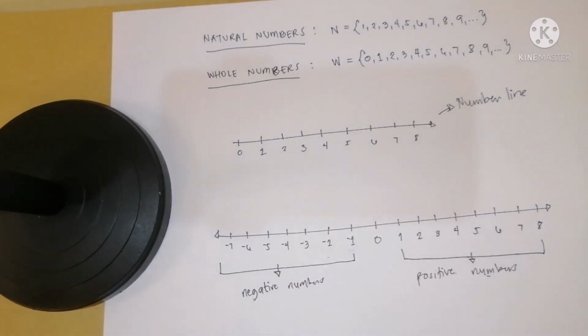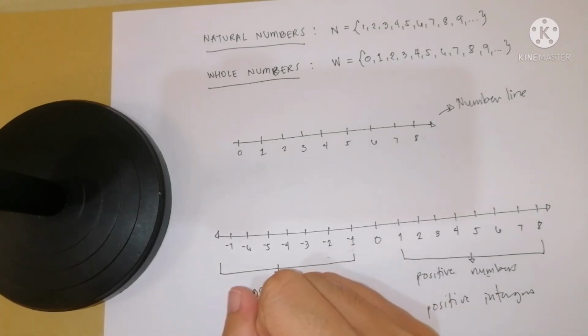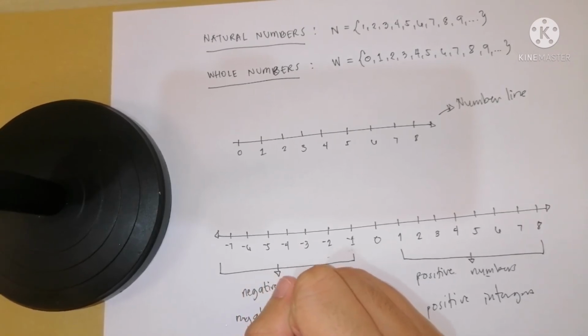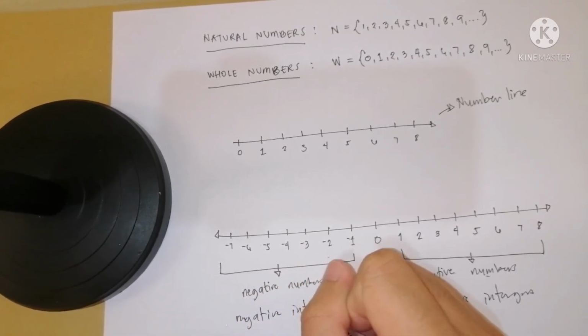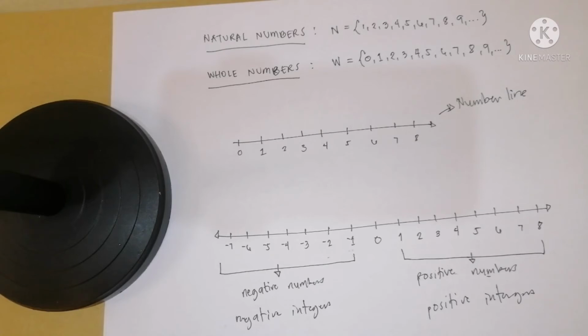Again, the number line shows that the counting numbers are now referred to as the positive integers, and they are to the right of 0. Their corresponding opposites are the negative integers, and they are to the left of 0.